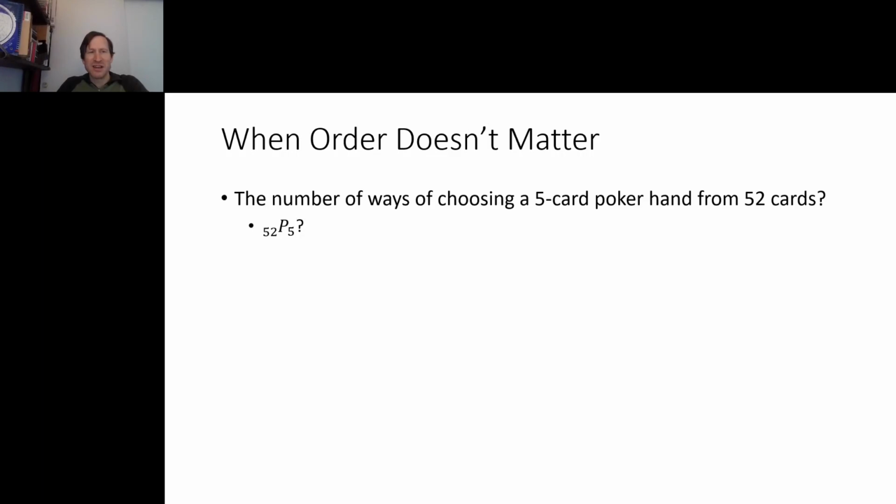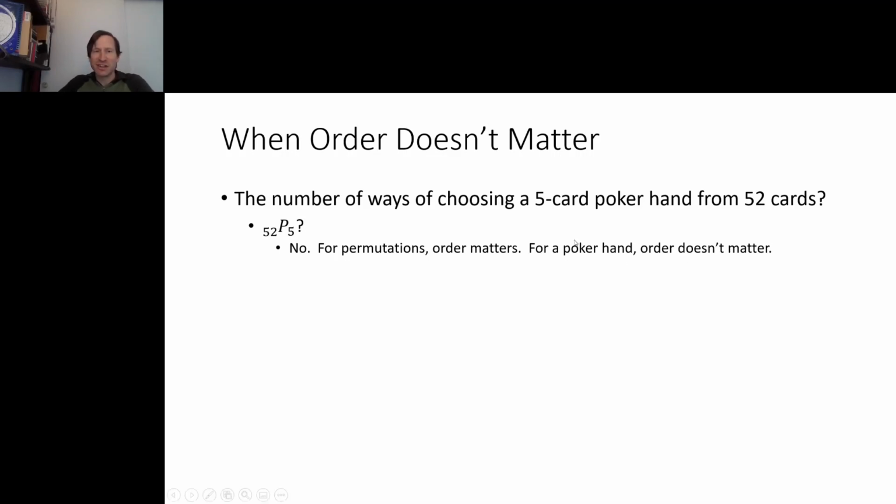Would that be 52 permute 5? Well, it turns out, no, that's not right, because 52 permute 5 keeps track of what order you choose the cards in. But for a poker hand, the order that the cards are in doesn't actually matter.